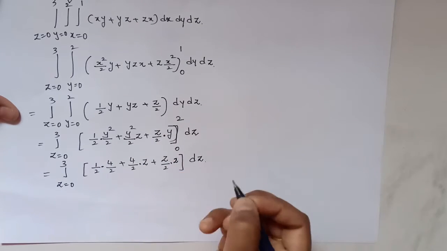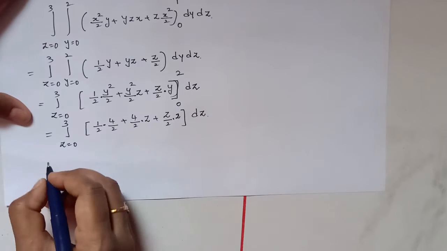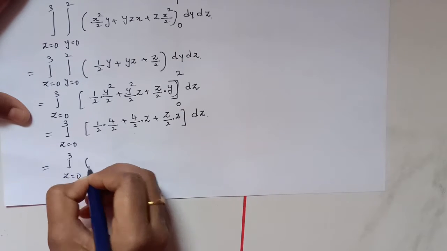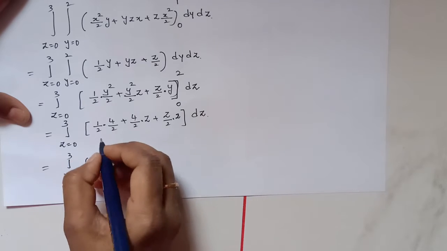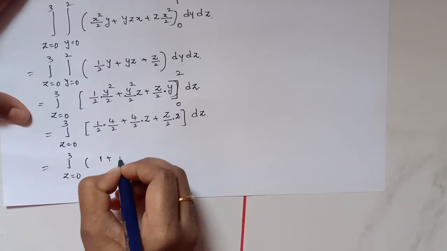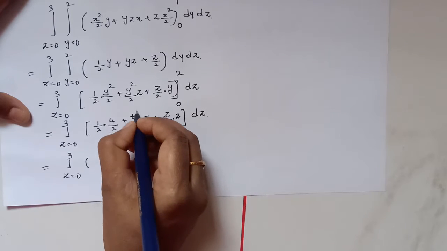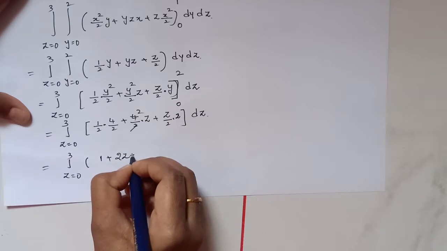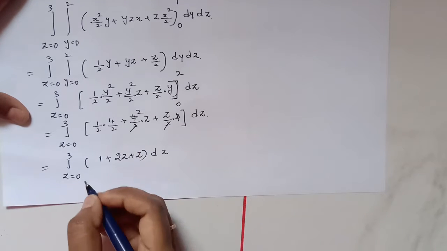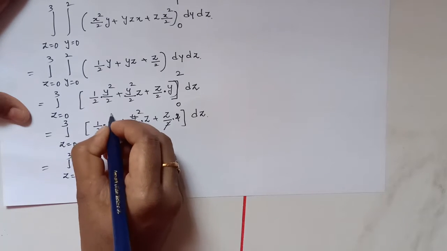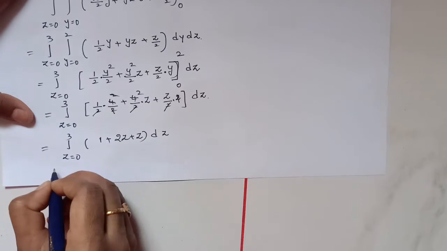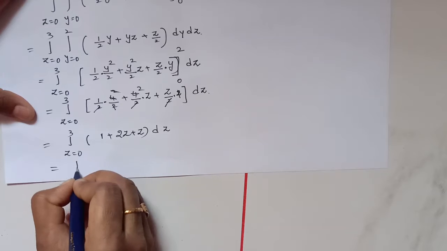You get dz. This is equal to the integral z from 0 to 3 of 2 plus 2z plus z dz, since 4 by 4 is 1 and the 2s cancel, we get z dz. Now integrate with respect to z.